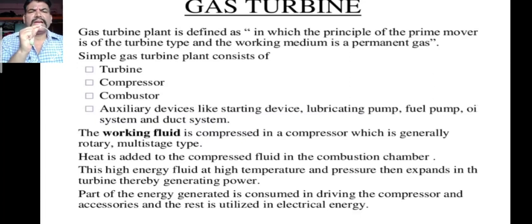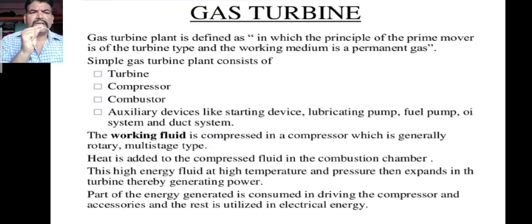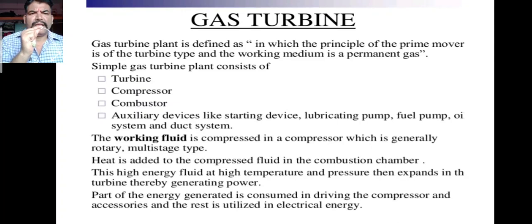Heat is added to the compressed fluid in the combustion chamber. This high energy fluid at high temperature and high pressure then expands in the turbine, thereby generating power. Part of the energy generated is consumed in driving the compressor and accessories, and the rest is utilized as electrical energy.